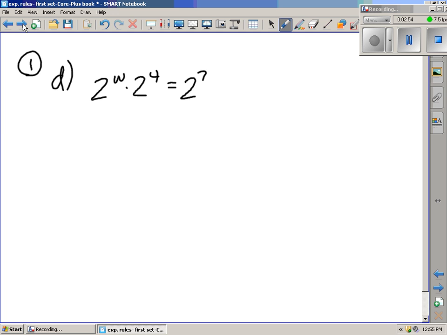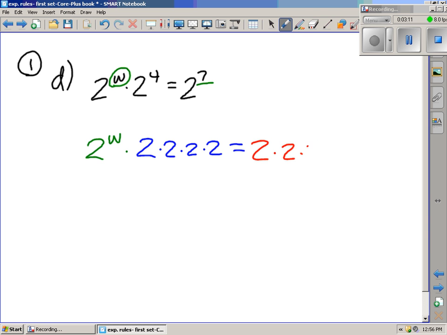In D, now we have a variable here instead of at the end. So we write out 2 to the power of w being multiplied by the base of 2 written out 4 times, and that is equivalent to 2 to the 7th. So the 2 is being written out 7 times. 1, 2, 3, 4, 5, 6, 7.